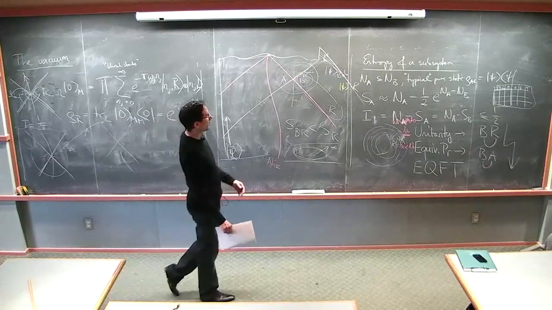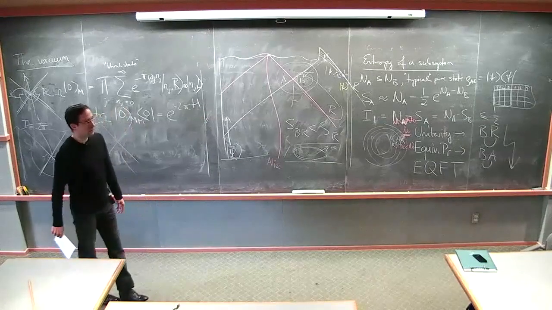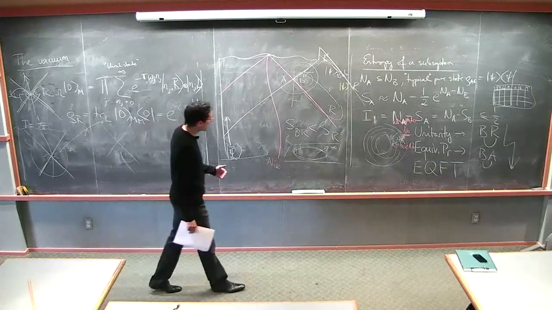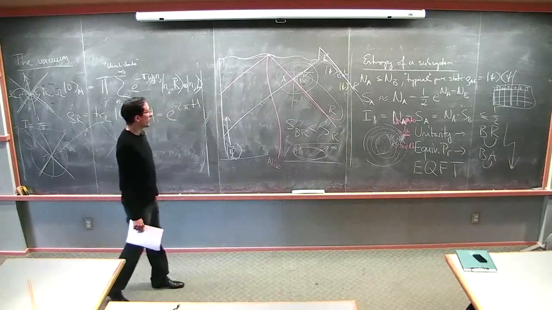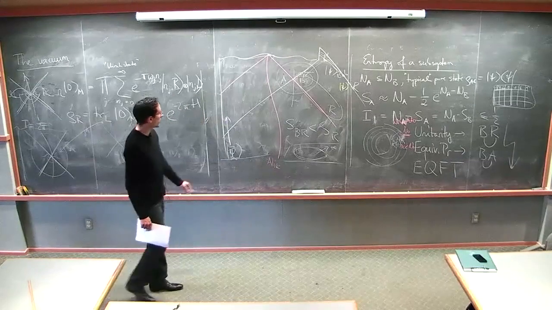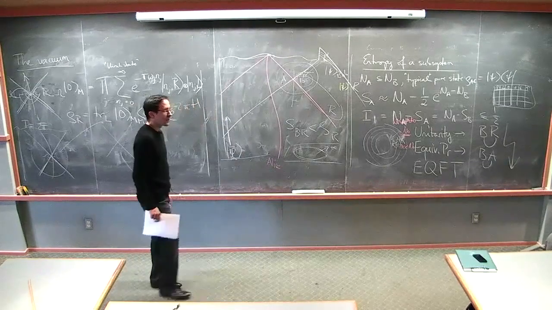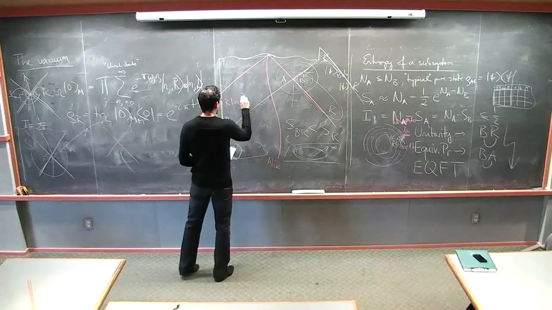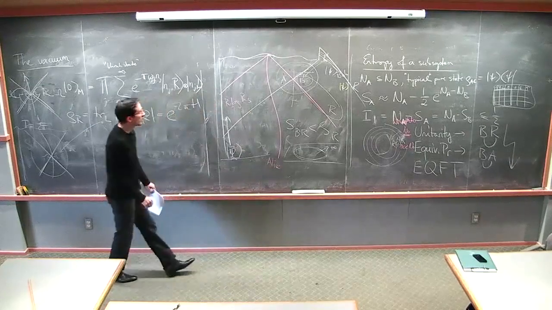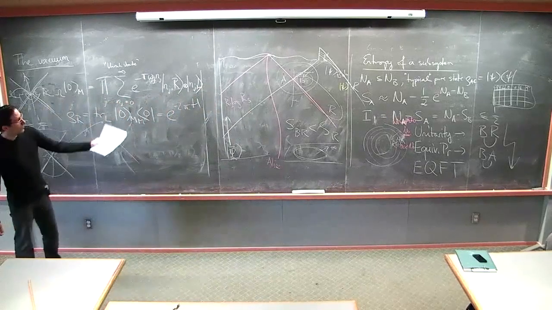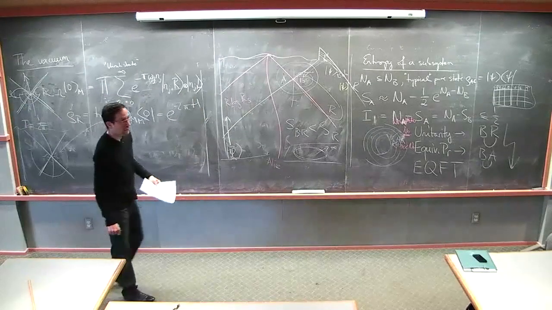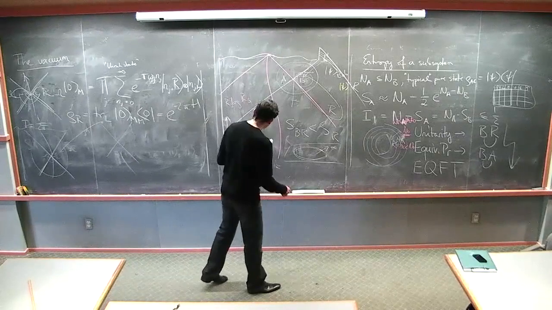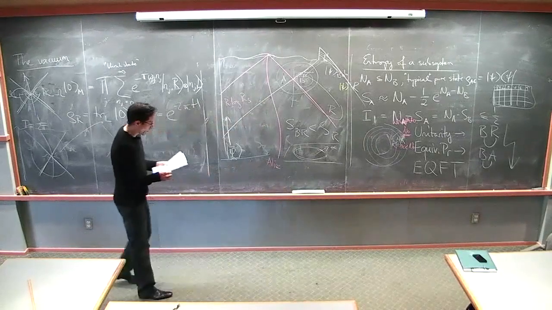So again, there's a lot more room for speculation. And even if you do assume that a firewall forms after the scrambling time, the earliest time it could form, Rs log Rs, where Rs is the Schwarzschild radius, we would not have reached that time yet in our universe. So it's not clear that there's any argument there.